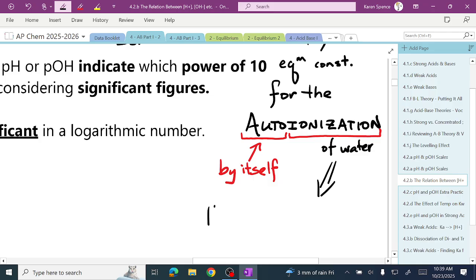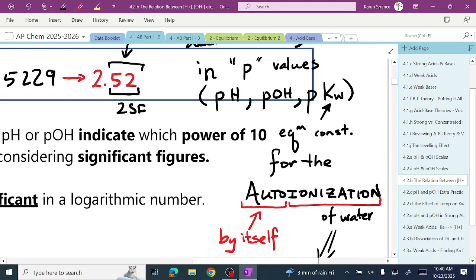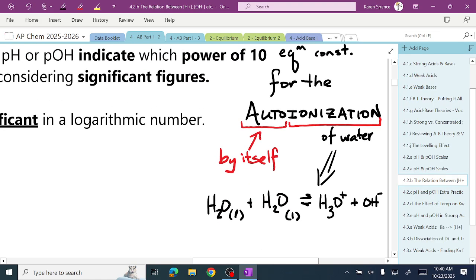that would be water plus water. What do we get as our products there? H3O plus and OH minus. Okay, and Kw is the equilibrium constant for this reaction.